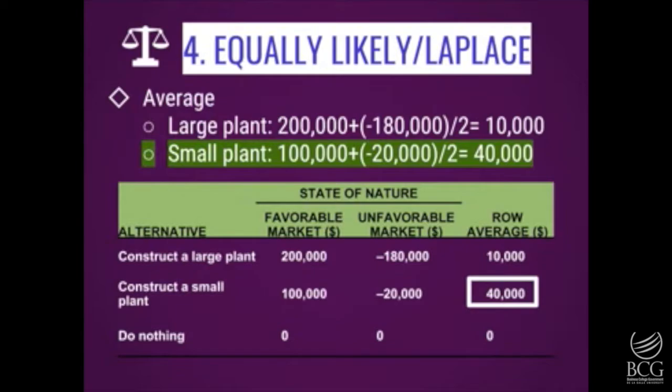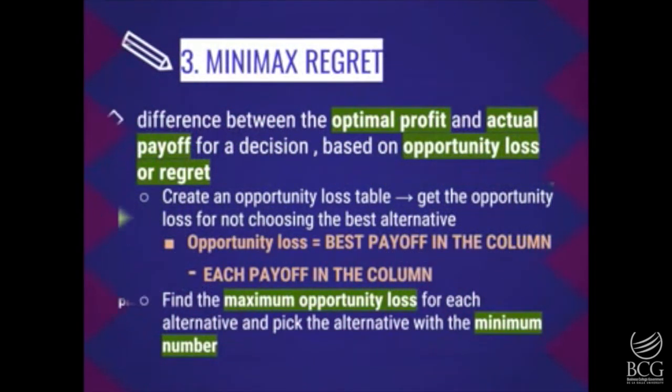Next, we have the minimax regret. It is based on opportunity loss or regret. We find the difference between the optimal profit and the actual payoff for a decision. To do this, first, we create an opportunity loss table by determining the opportunity loss for not choosing the best alternative.